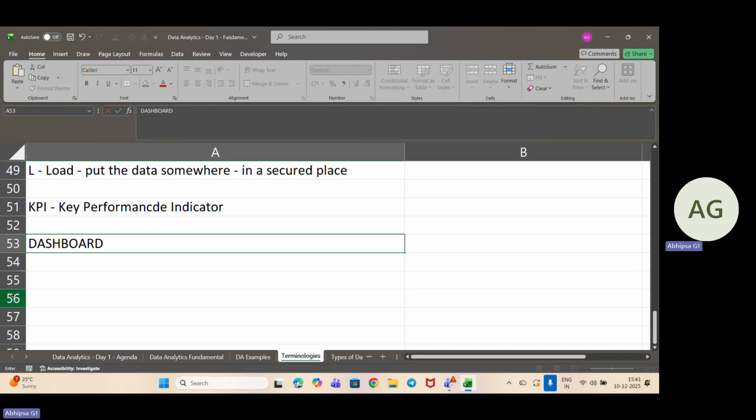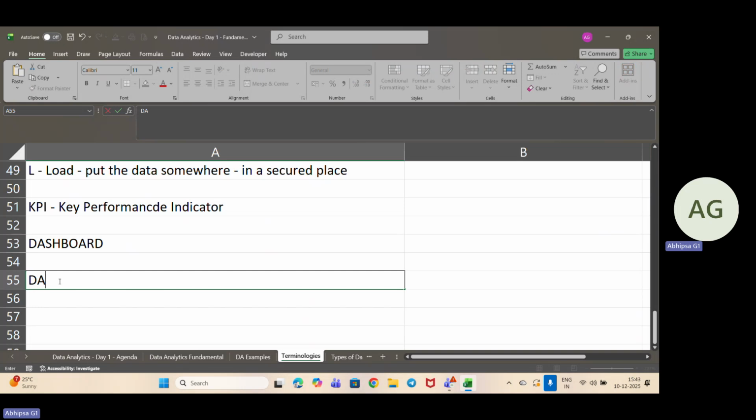Okay, next coming down to data pipeline. So what is data pipeline? It is the path that the data actually follows.